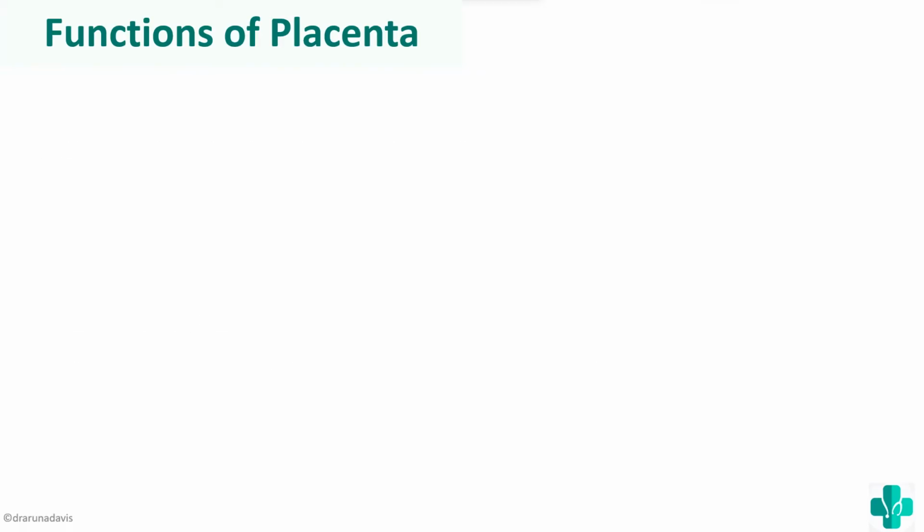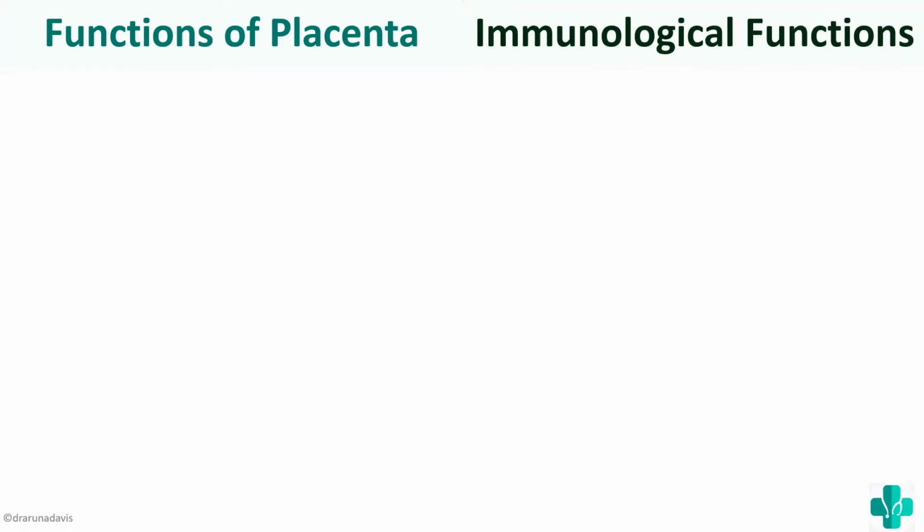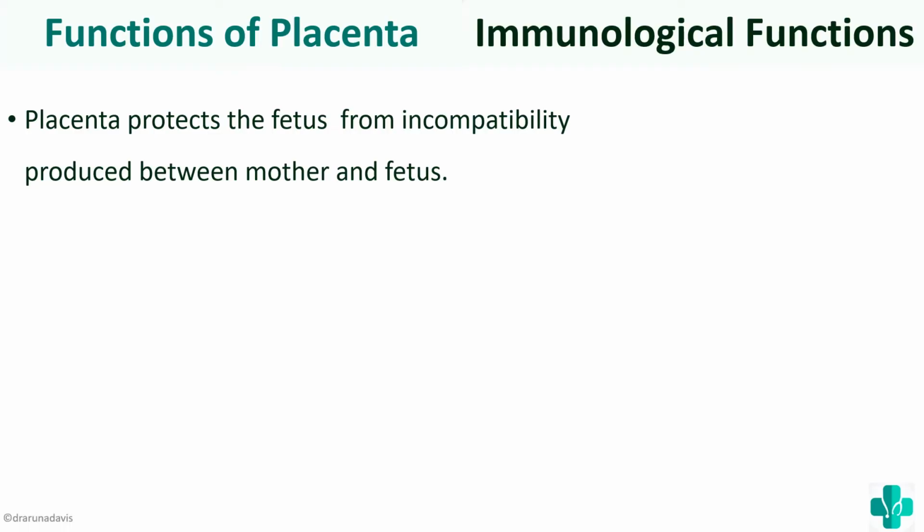Now the next function is immunological function. We know that the fetus is an extra tissue growing inside the body, but still the mother doesn't reject it. Suppose we do a kidney transplantation, there are chances of it being rejected by the body, but the fetus doesn't get rejected easily. Why? That is because the placenta protects the fetus from incompatibility which is produced between the mother and the fetus.